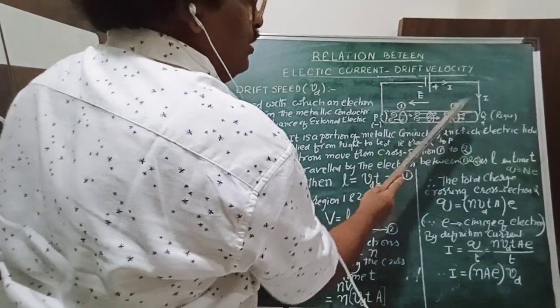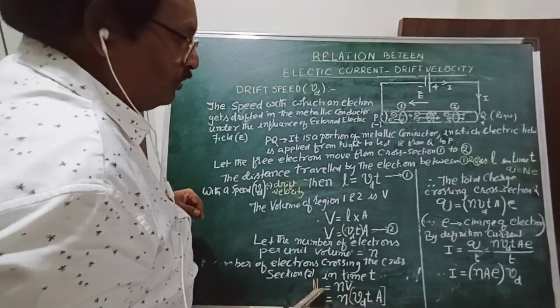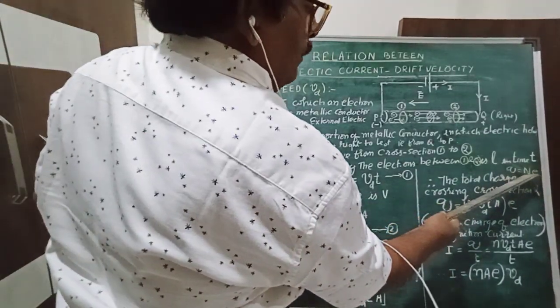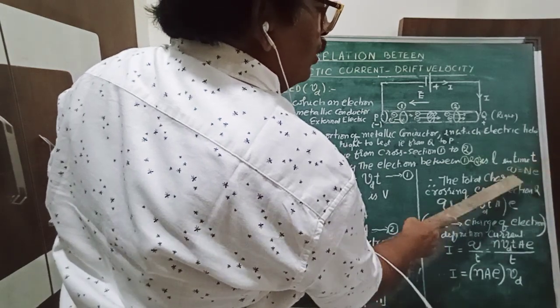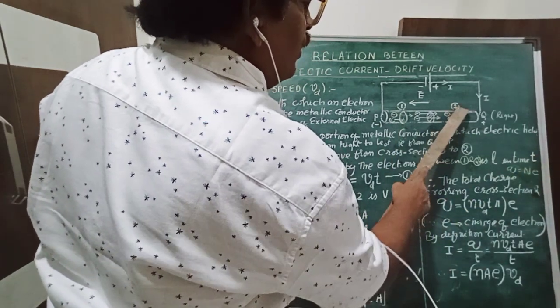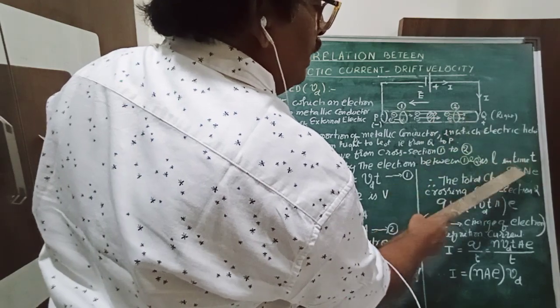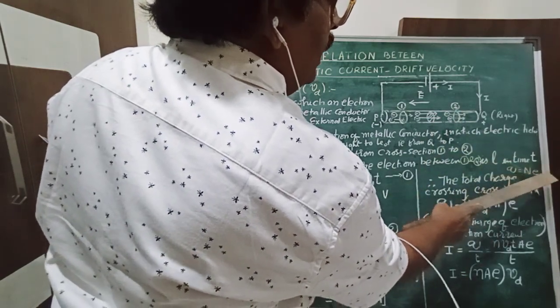The total charge of those capital N electrons crossing cross section 2 in a time t is Q equals capital N into e.